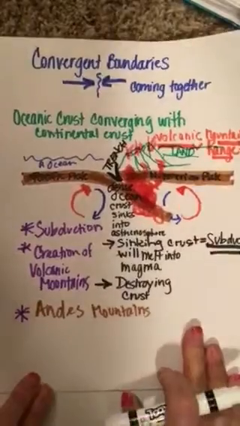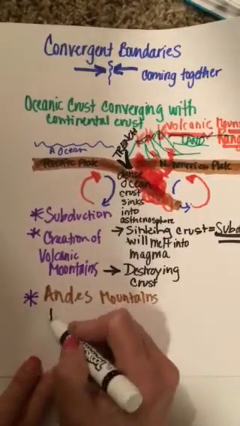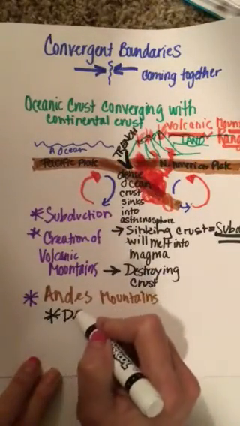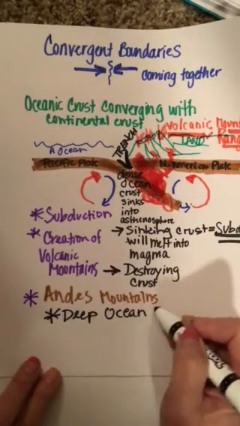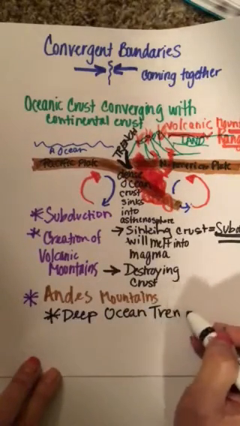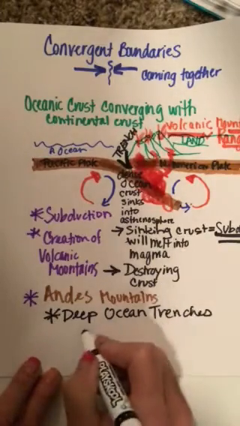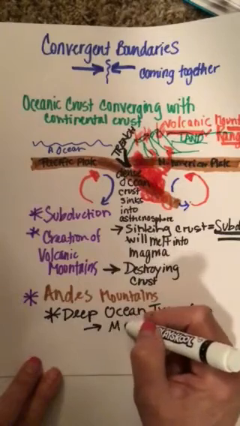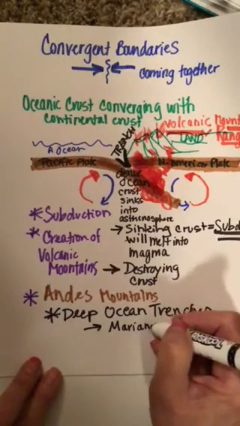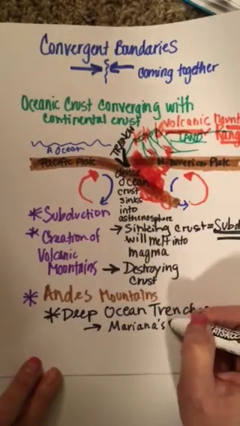Okay, and it's a deep ocean trench. So we're going to note deep ocean trenches. And the most well-known of these, and I'm going to show you an image later, is the Marianas Trench. And I hope I spelled it right.